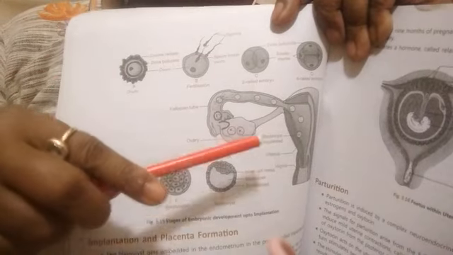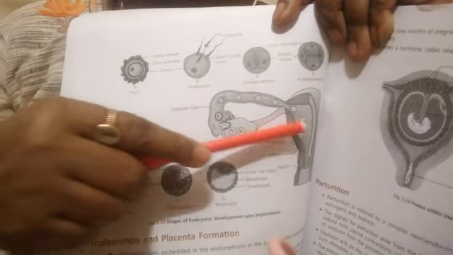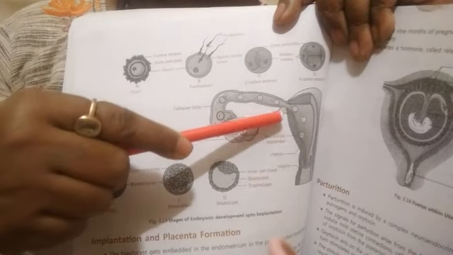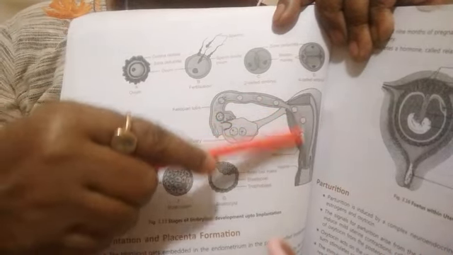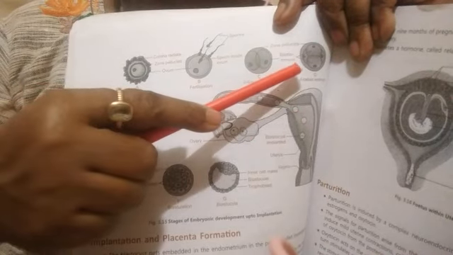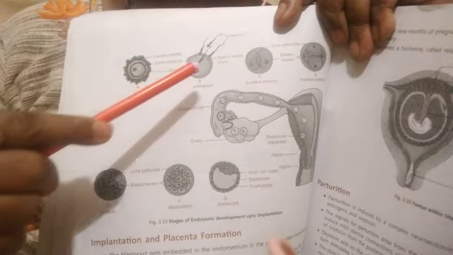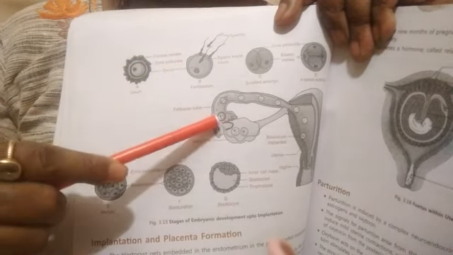And this is the figure showing the development of the embryo. This is the ovary, this is the fallopian tube, this is the uterus, and there are various stages of development. You can see here this is the secondary oocyte, and fertilization is occurring here, clear?